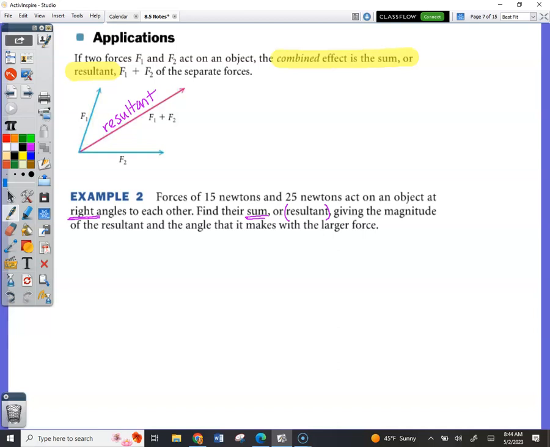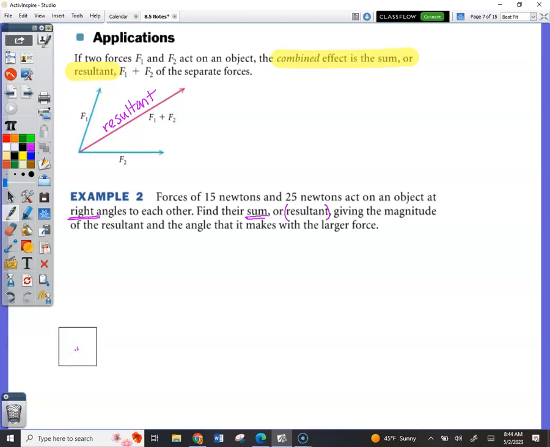First, let's draw a picture. We have one force acting with another force to form a right angle, so let's draw that picture. You want to draw your arrows going away from each other, right? If you look at all of our pictures, they all start from a common point and then go in a direction.